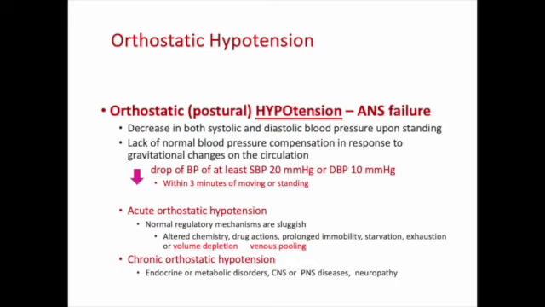You can have them wear thigh-high compression stockings. Also, giving erythropoietin can help, or other volume expanders, mineralocorticoids, vasoconstrictors, and liberalizing the amount of salt that your patient is eating.